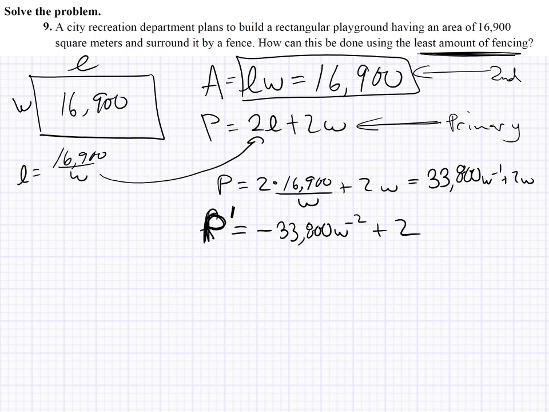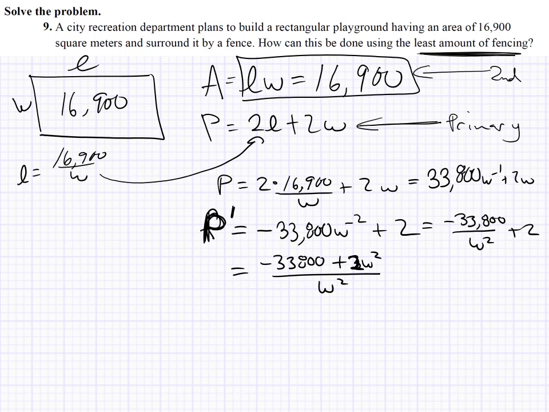This is the derivative, so now I need to find the critical numbers from this derivative. Well, I have to rewrite this. Negative 33,800 over W squared plus 2. I could also write that as negative 33,800 plus 2W squared over W squared. Write it all as one fraction.